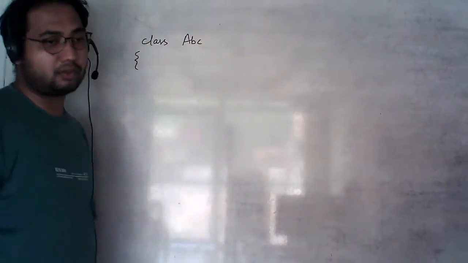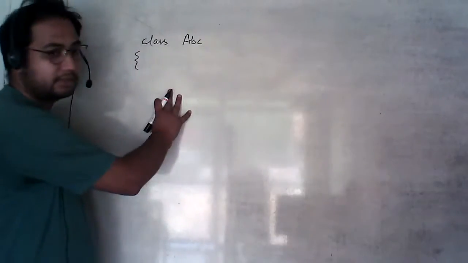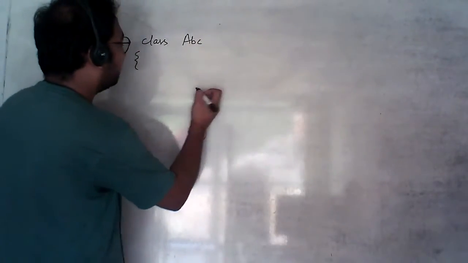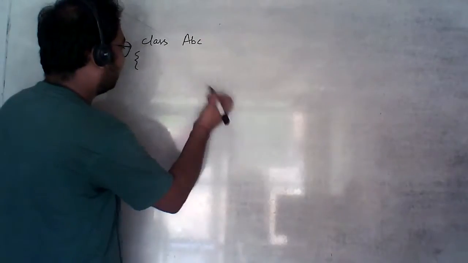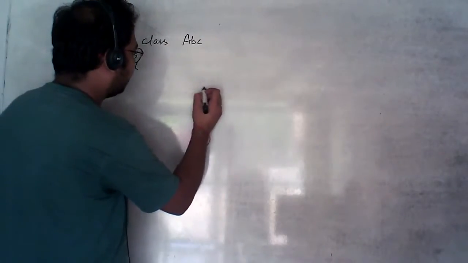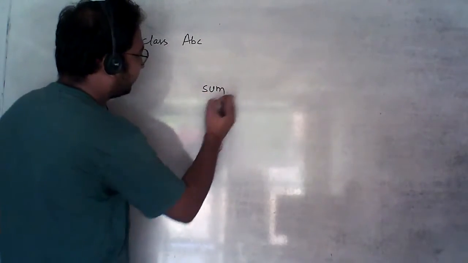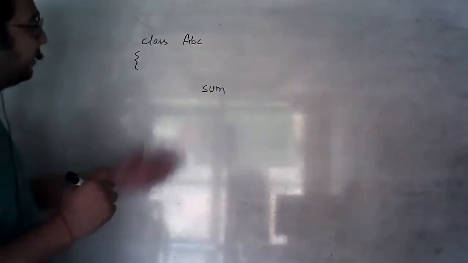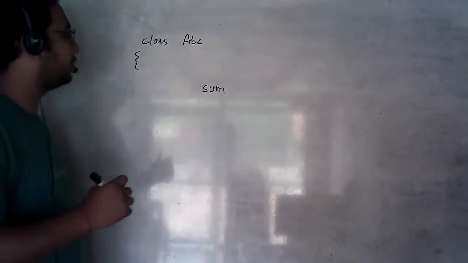This is all. This is the definition of a method. So students, see over here. Suppose I want to declare a function and the function name is sum. I have given the name as per my choice.